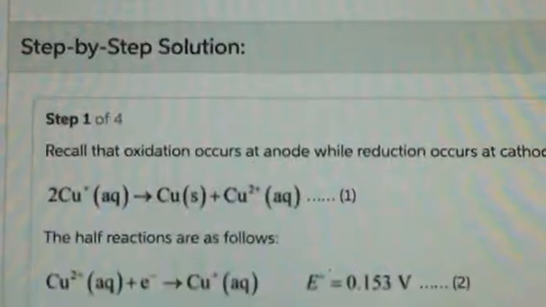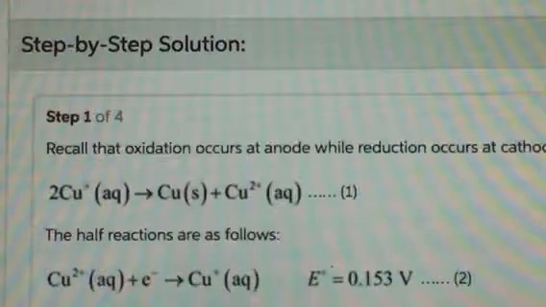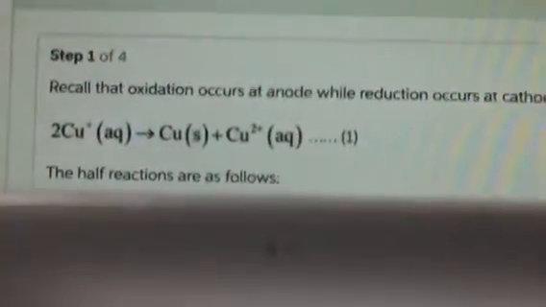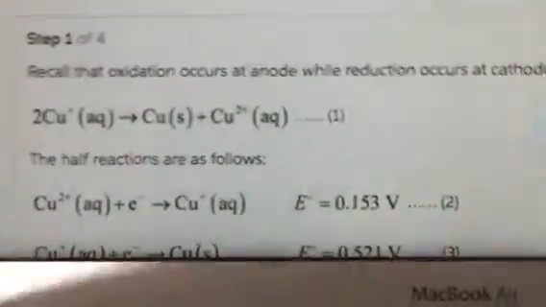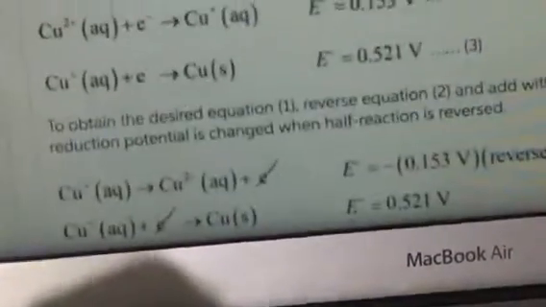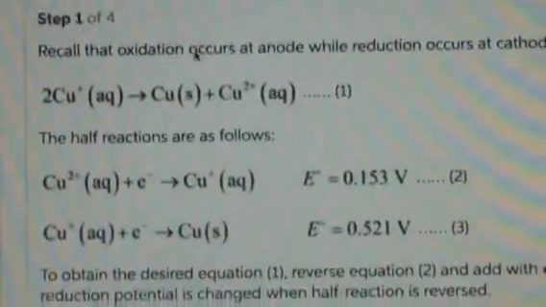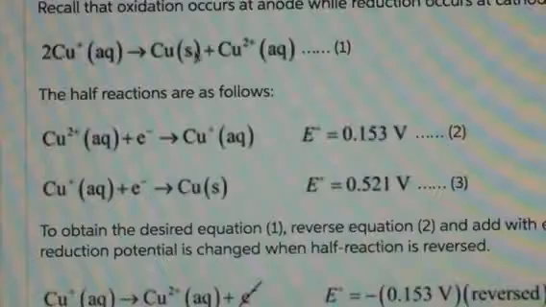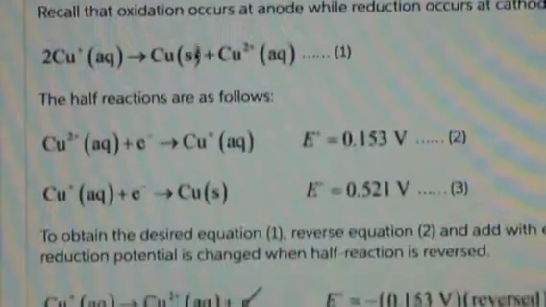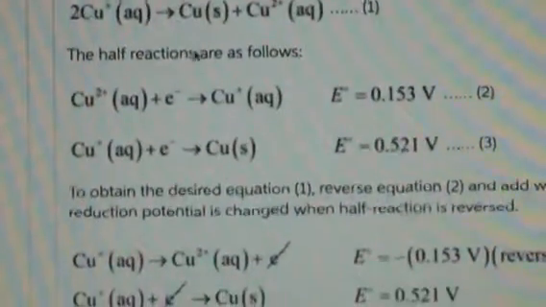First, the half reaction is this. And next, so you can see these reactions, and if you follow my previous lectures on electrochemistry, you can easily see how we got it.